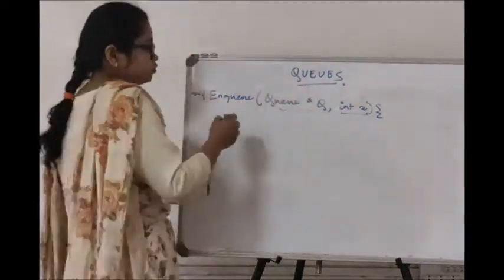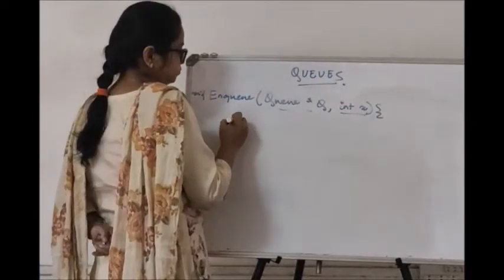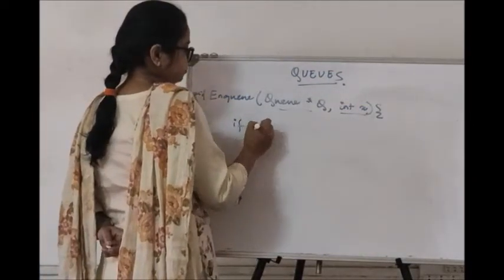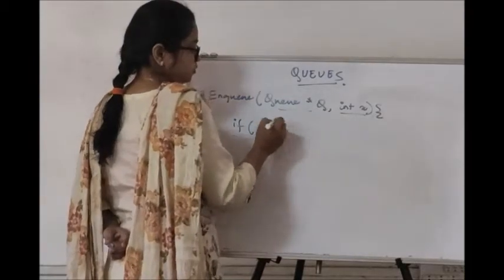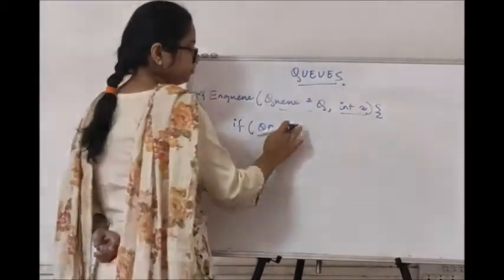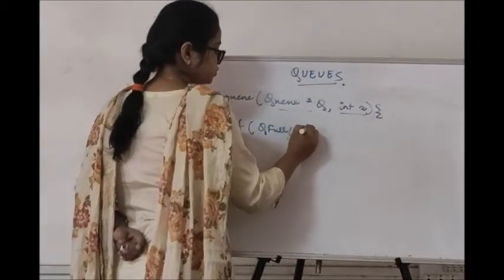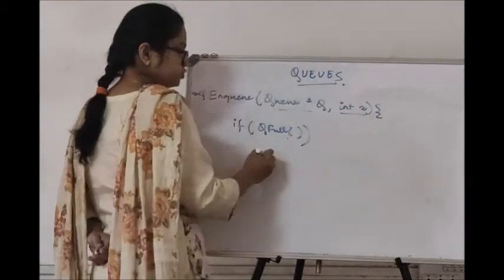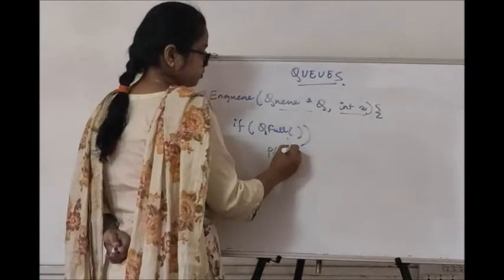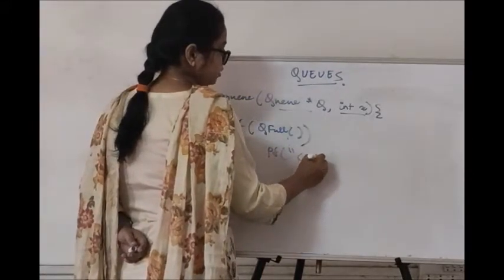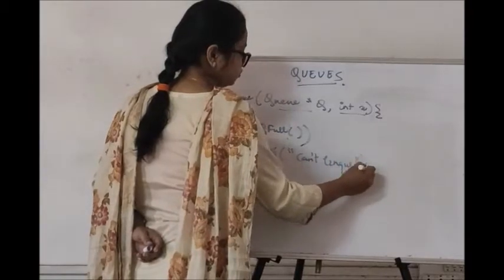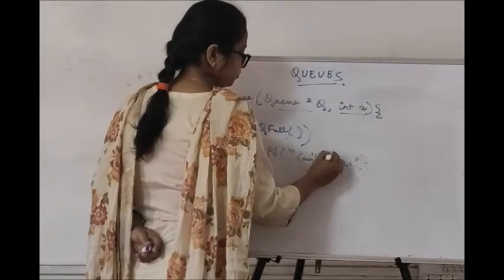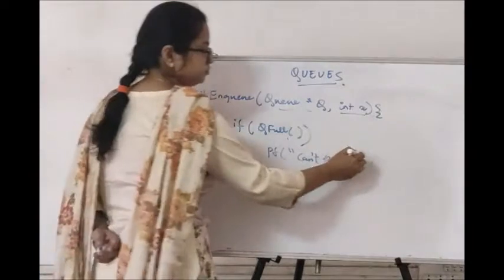So first we have to check if Q full. If Q full is true, this is a function, no? We will call it. If Q full is true, printf what? Can't enqueue. We cannot enqueue.